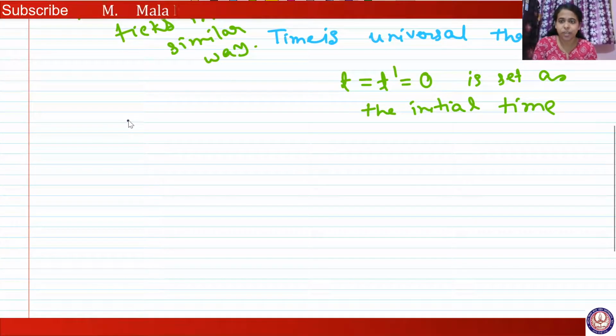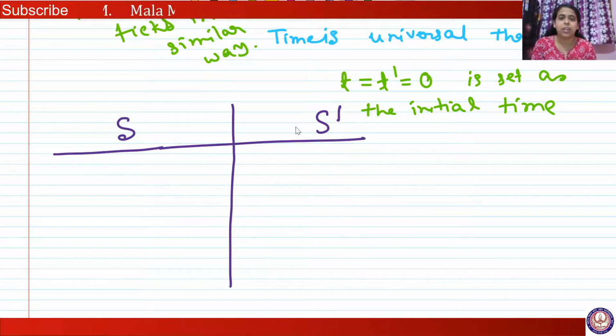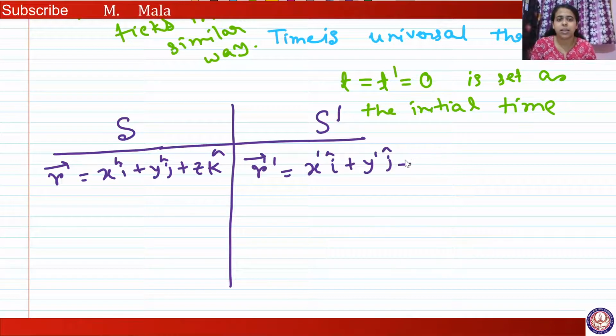So we have two frames, frame S and frame S prime. So in frame S, what is the position vector? R. What is R? R is equal to xi plus yj plus zk. And in S prime, R prime is equal to x prime i plus y prime j plus z prime k.